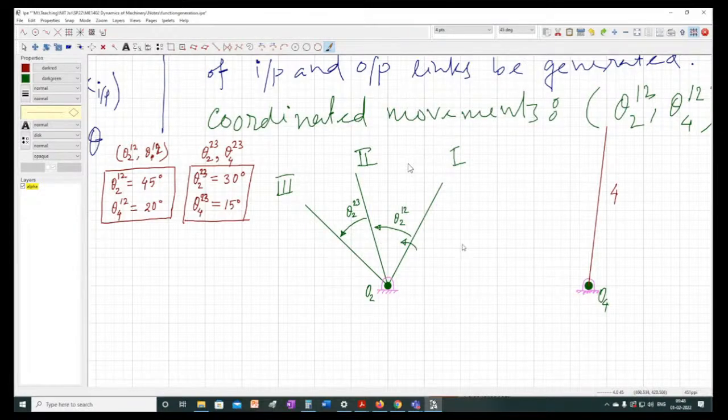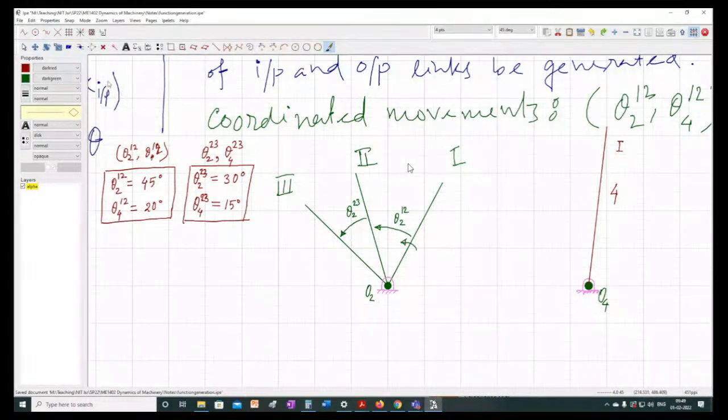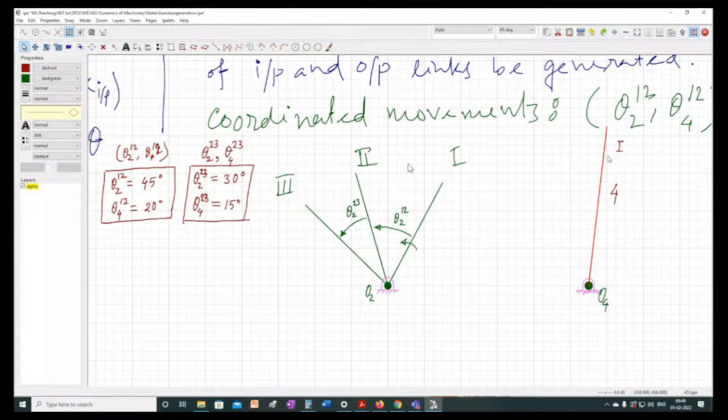Okay, so let us first show where the follower positions are. If this is the position 1 of the follower, with respect to this position 1, we must have position 2 and 3. Position 1 is this, position 2 and 3 we have to draw.